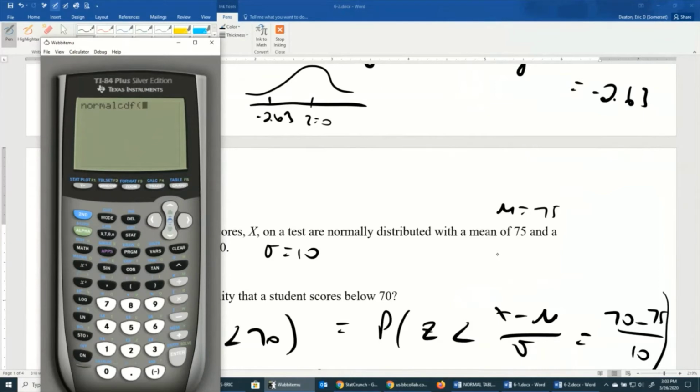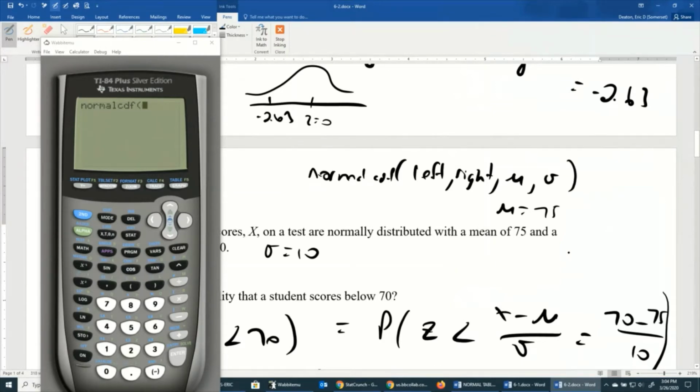We want to do left bound, abbreviated left, right, mean, standard deviation.